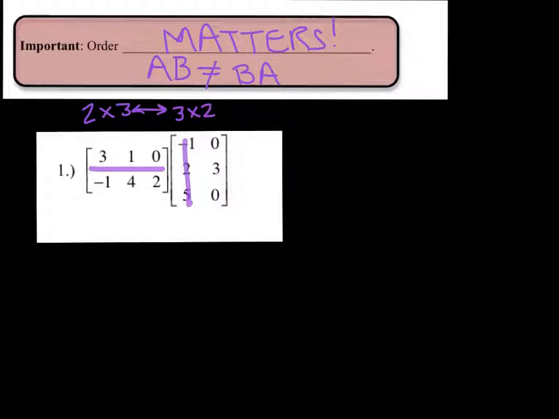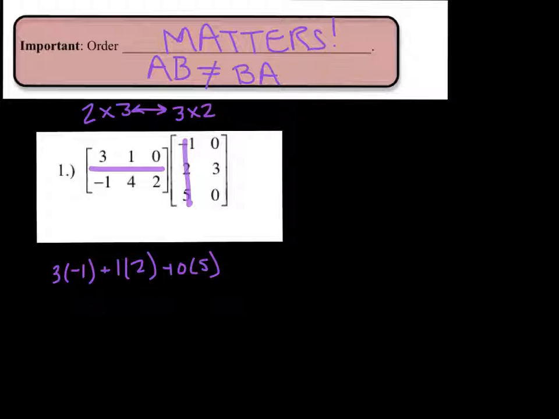We'll do first row times first column first. So 3 times -1 plus 1 times 2 plus 0 times 5. Once we add those together, that's going to be our first entry of our product matrix.